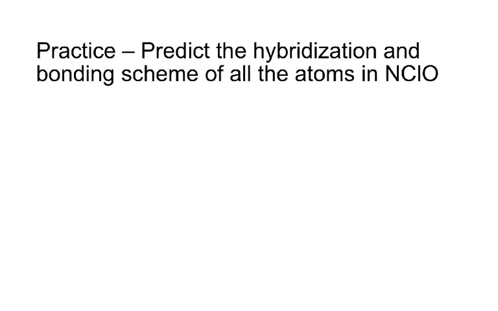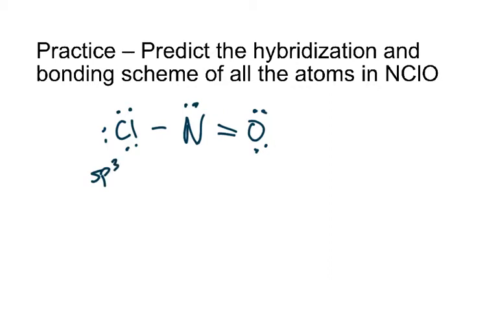One more. Predict the hybridization and bonding scheme of all the atoms in NClO. So I'm going to put my nitrogen in the middle with an oxygen and a chlorine. There's going to be a double bond there with a lone pair on my nitrogen and 2 lone pairs on my oxygen and lone pairs around my chlorine. So my chlorine here is going to be sp3 hybridized.